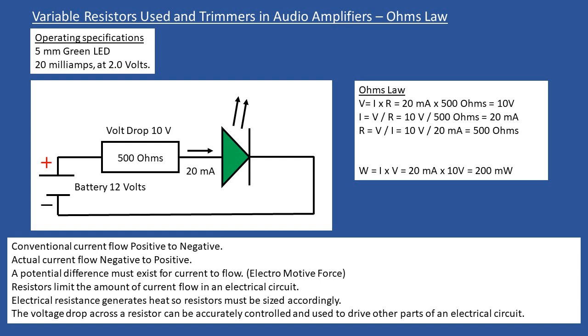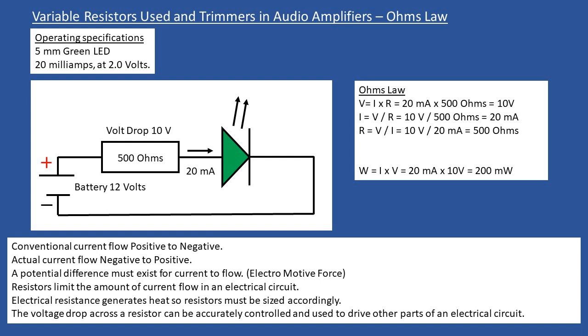It doesn't actually flow from positive to negative at all, and the reason for that is that current is actually negative. An electron is negatively charged, so a negatively charged electron is attracted to an anode. When we talk about a battery, it has both a positively charged terminal, the anode, and a negatively charged terminal.